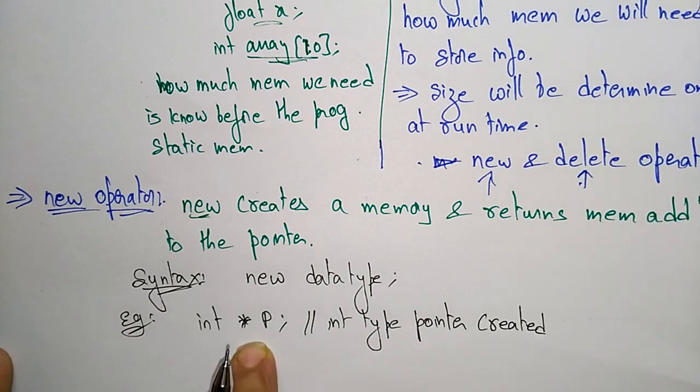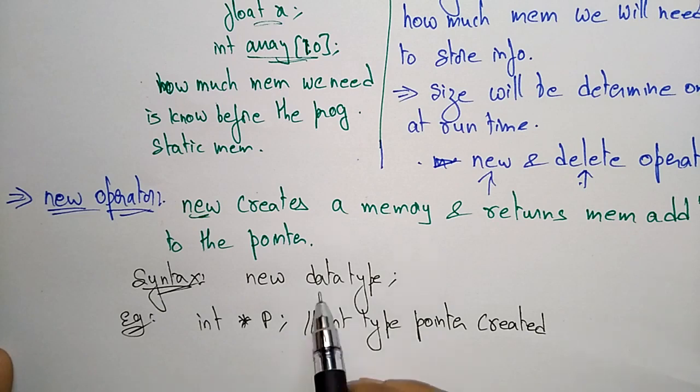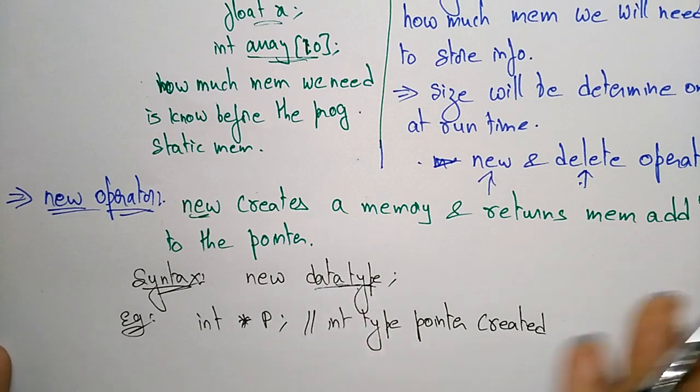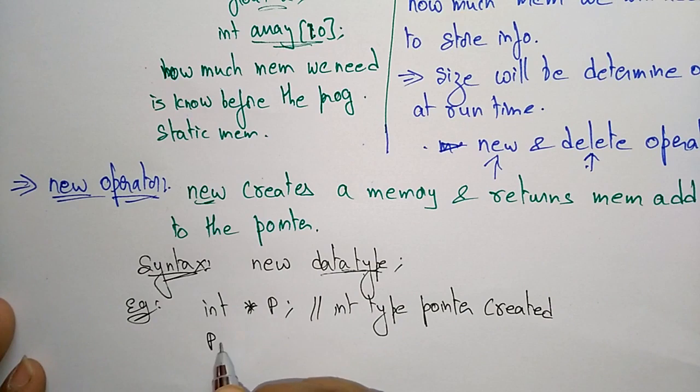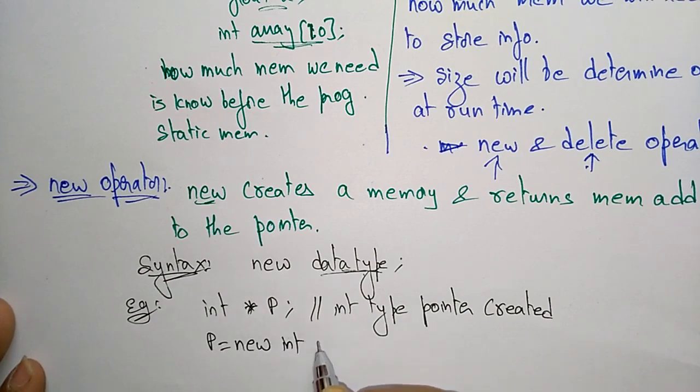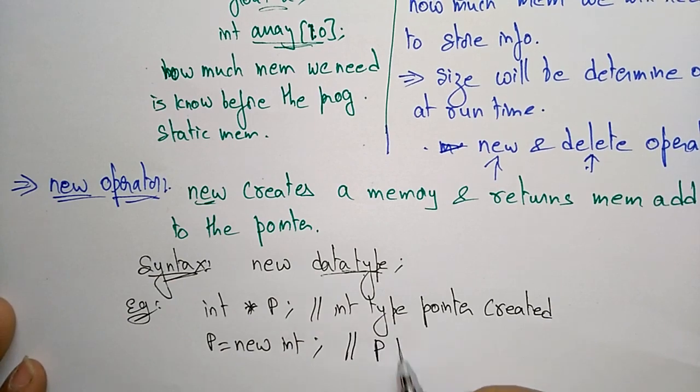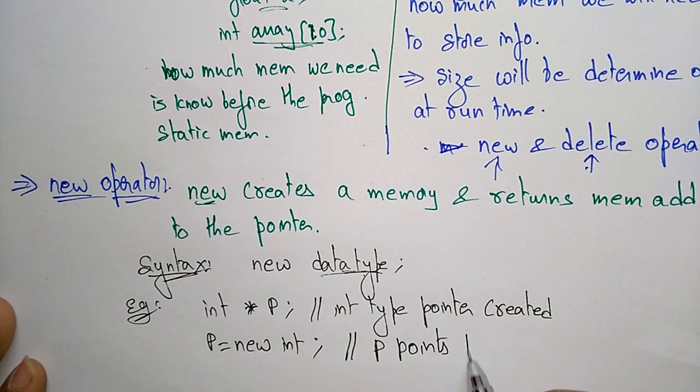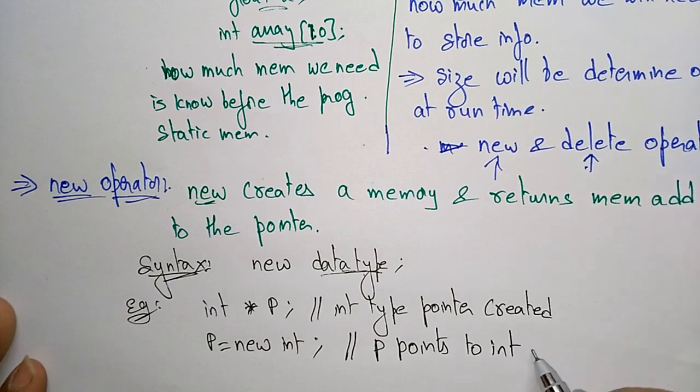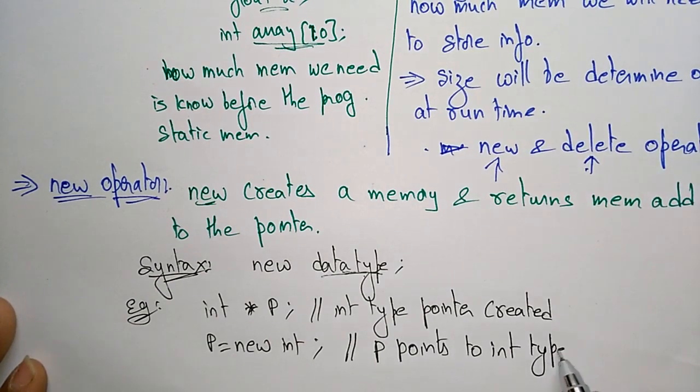To hold the address of the memory, meaning the address of this data type will be stored in this pointer. Now coming to the next step, p is equal to new int. What does this step mean? It means p points to int type of memory.